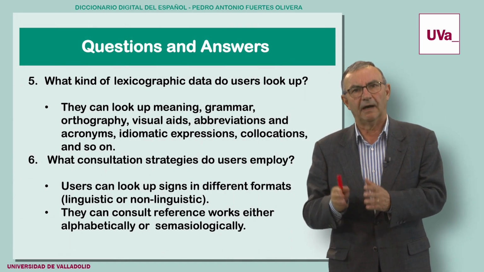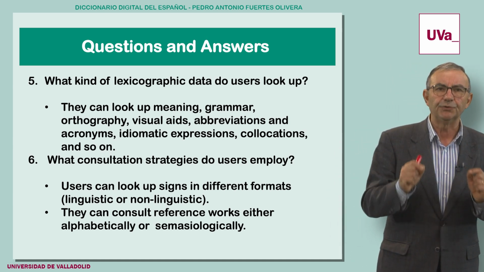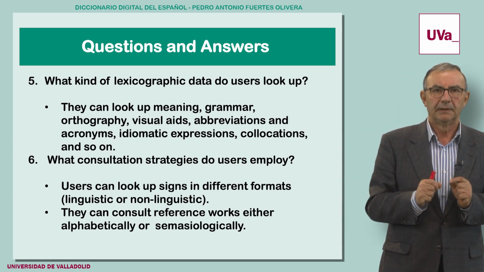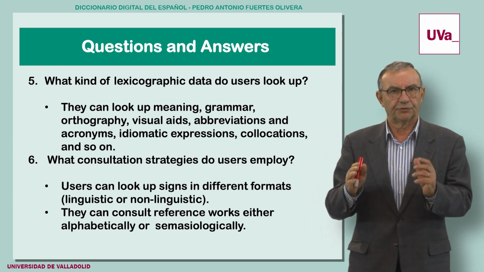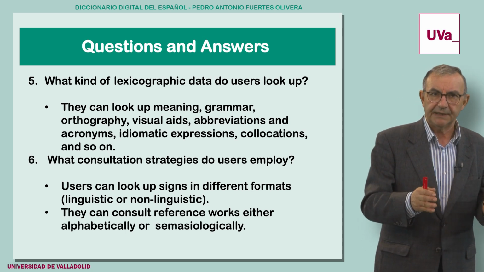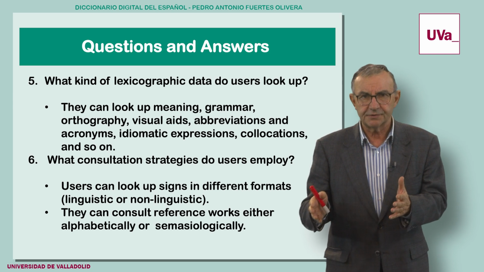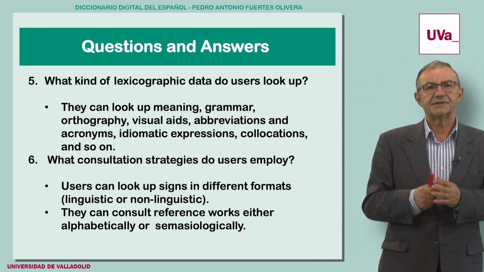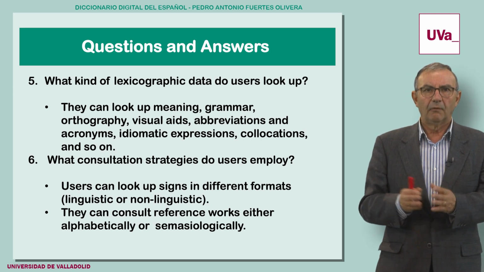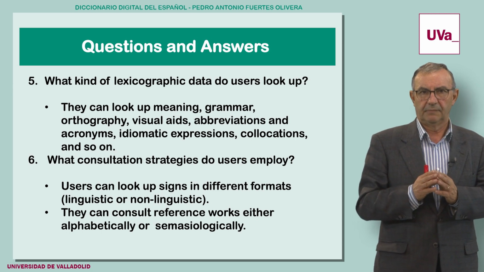Question number 5. What kind of lexicographic data do users look up? They can look up meaning, grammar, orthography, visual aids, abbreviations and acronyms, idiomatic expressions, collocations, and so on. Question number 6. What consultation strategies do users employ?